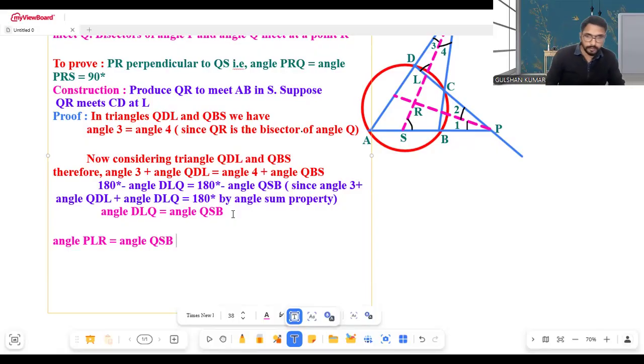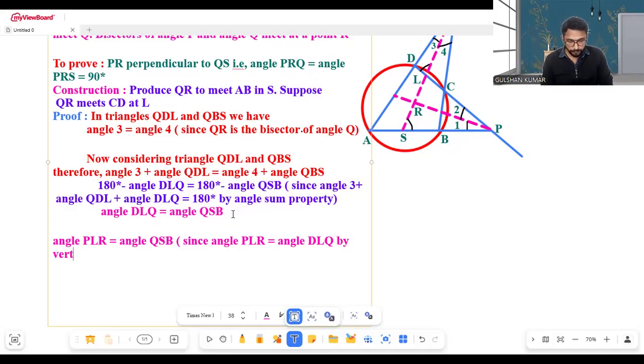PLR equals QSB, since angle PLR equals angle DLQ, that is by vertically opposite angle. Vertically opposite angle. So clear?